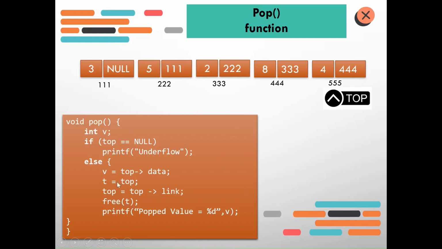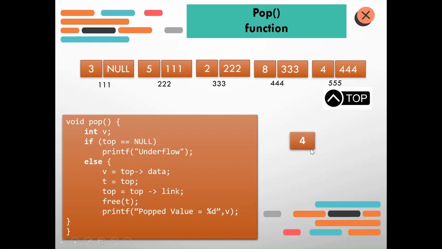So then we are doing what? Freeing the T. What is in T? 555. Free is a function in C which frees up the memory, that is, deallocates the memory. And then of course we will print the value which was at the top, the original top, which, if you can remember, was stored in V, right?